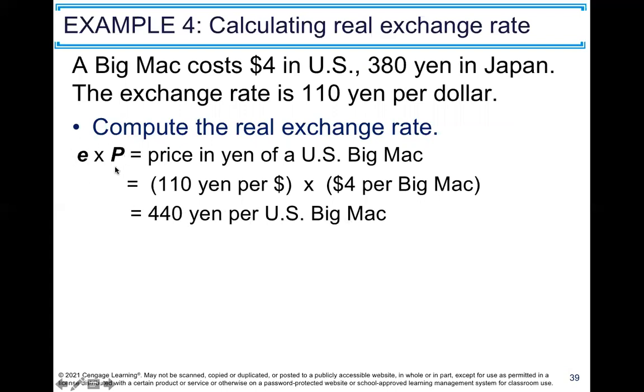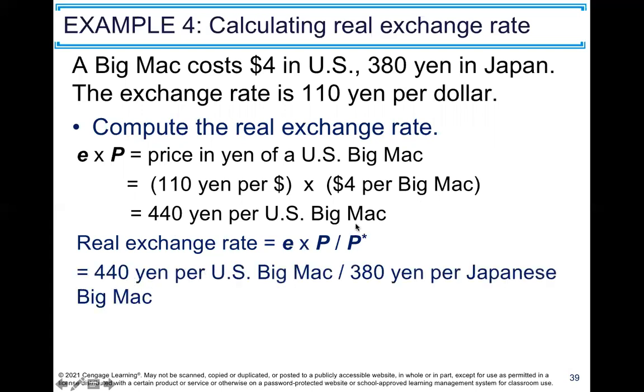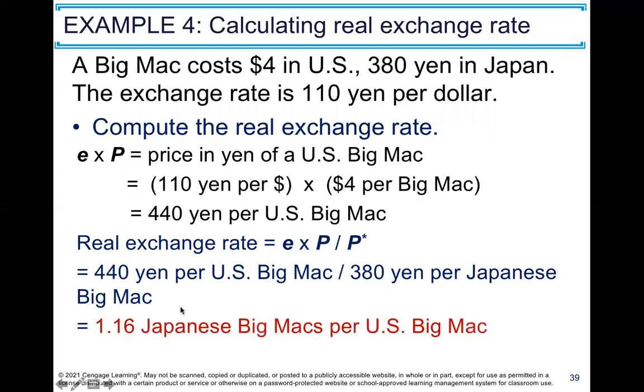Like I said, the numerator is just expressing the price of a good in some foreign currency. But now let's divide it by the actual price in Japan. And what we find is that it doesn't really cost 440 yen in Japan. It actually just costs 380 yen in Japan. And that means that the real exchange rate is 1.16 Japanese Big Macs per US Big Mac.